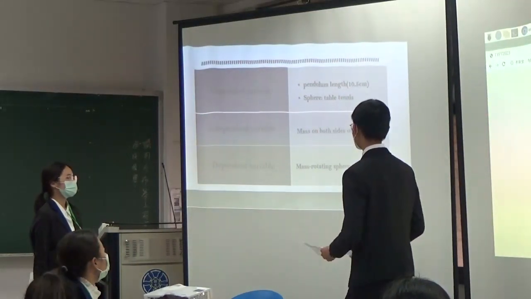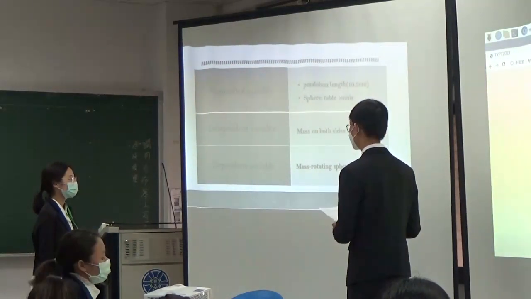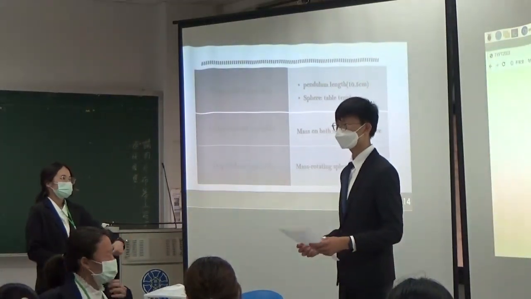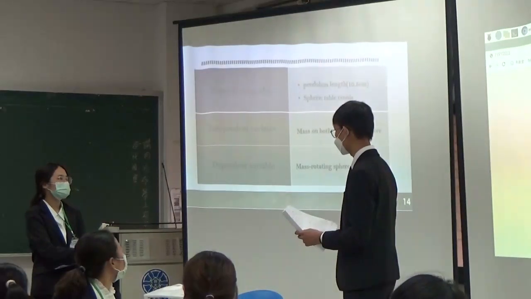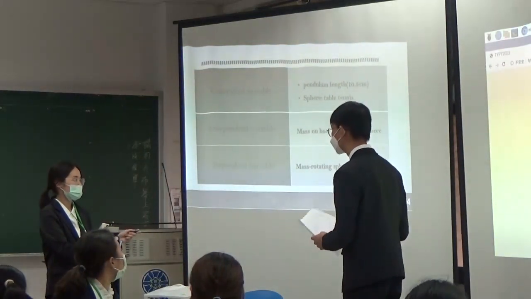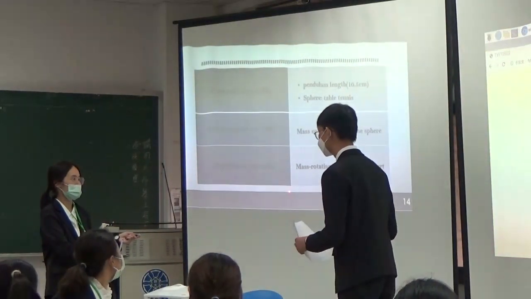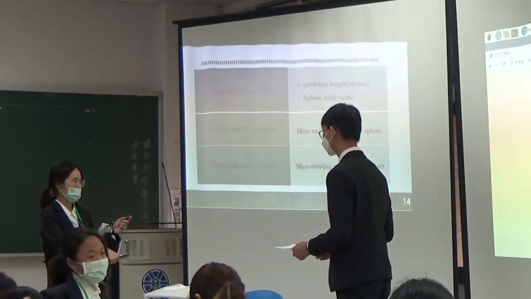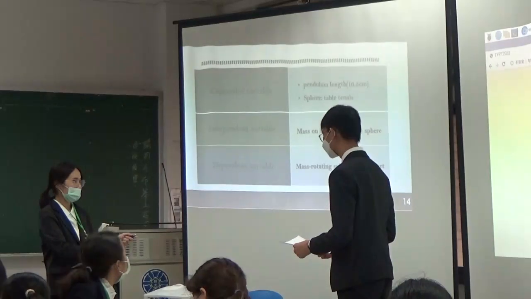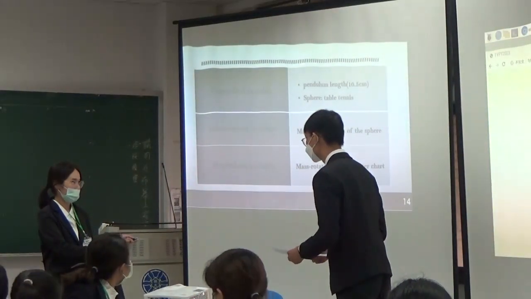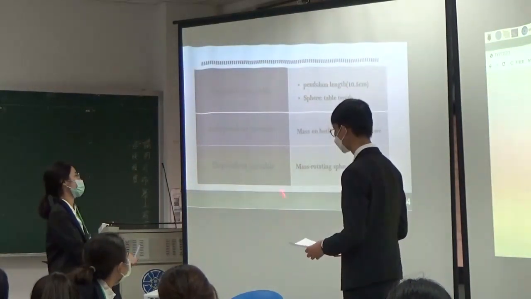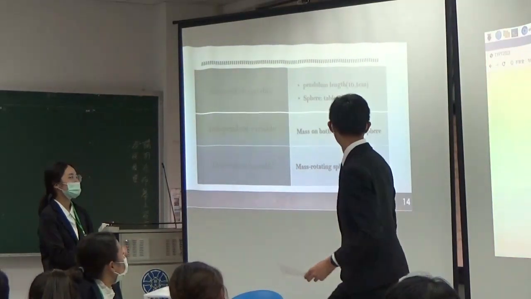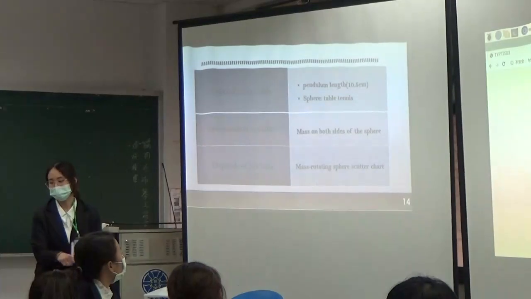And you consider the mass on both sides of the sphere. Yes, but in the problem statement, it talks about a light mass and conducting sphere. This is just a reference. The most important is the aluminum foil with the tennis ball. Yes, this is just a reference. Okay, the reference.